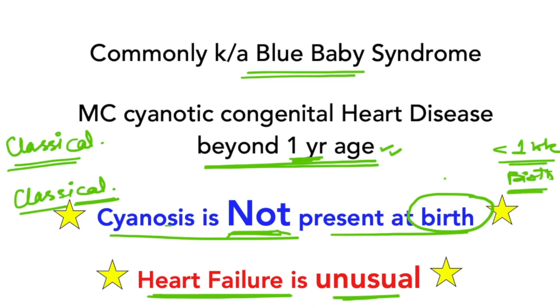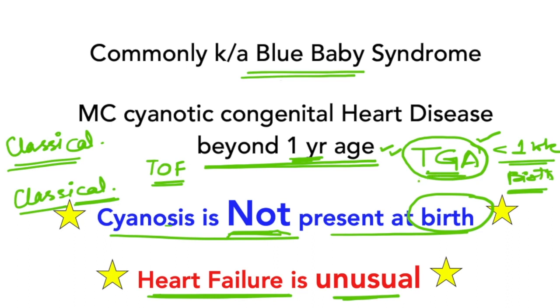The most common cause is TGA, transposition of great arteries. So the most common cyanotic congenital heart disease beyond 1 year of age is tetralogy, and at birth or before the first week of life is TGA, transposition of great arteries. So this is for the exam goers. Read the question very carefully and look for the age of the baby.